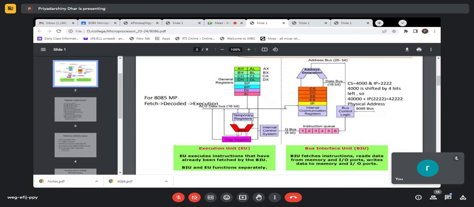The execution unit and bus interface unit operate in parallel, independently.